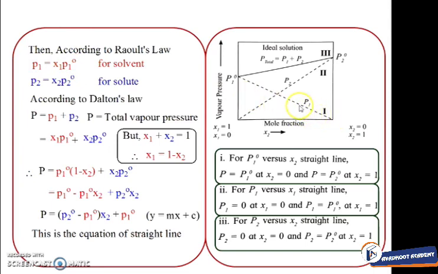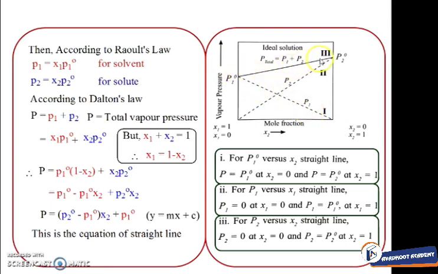Now when we proceed along this line, the value of x1 increases steadily, and here the corresponding x1 value is maximum, that is x1 is equal to 1, and therefore at this point P1 is equal to P10. So this line represents P1, that is the partial pressure of A1.